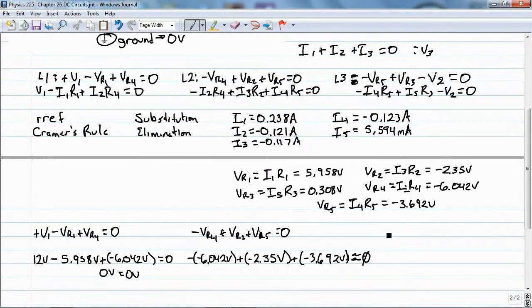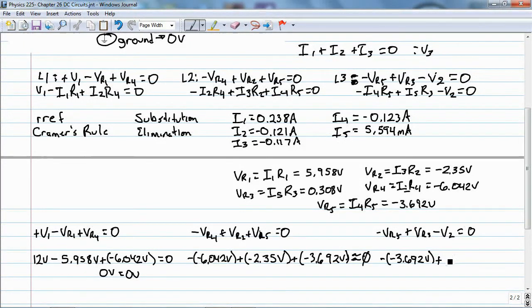And then the last, minus VR5 plus VR3 minus V2 equals 0. So we have minus a negative 3.692 volts, plus VR3.